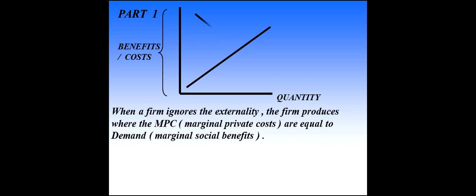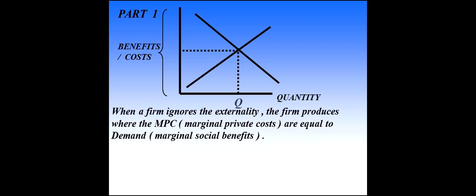It looks very similar to our classic supply and demand graph, with the exception that we're taking the label on the y-axis from price to benefits and costs, which are quite frankly very closely associated with price, and measure those on that axis.